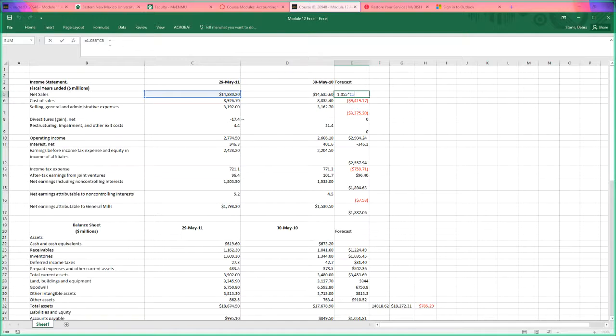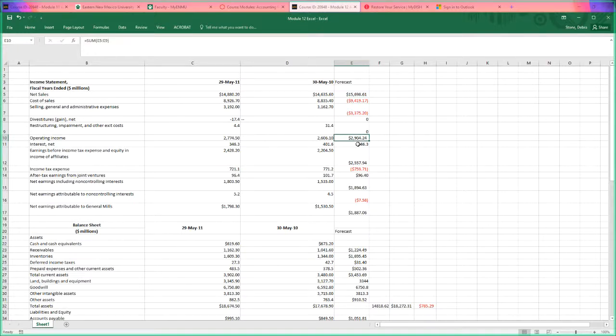So that's 1.055 times this number, and I got 15,698.61. Then it tells you the cost of goods sold, which is 60% of the net sales. So you can see I did that. And selling, general and admin is 0.215 of net sales, etc.